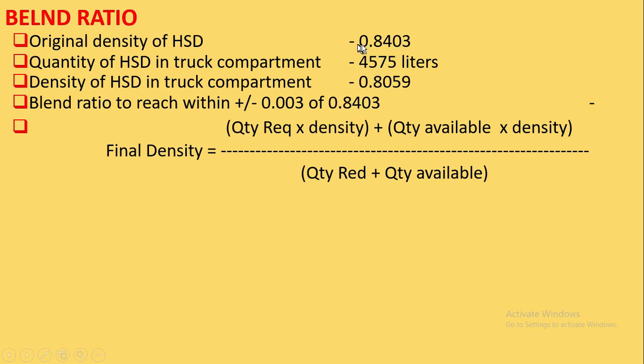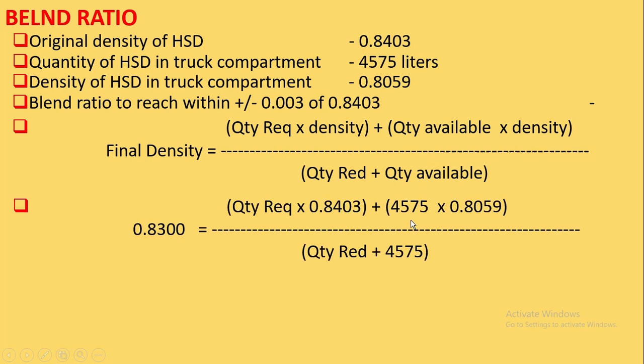Let us assume the same batch of the product is available and this is the density you are going to receive. How much is the quantity available? This is the 4575 liters available with you. And how much is the density? It is the density divided by the quantity required, multiplied by the quantity available, which is the 4575.